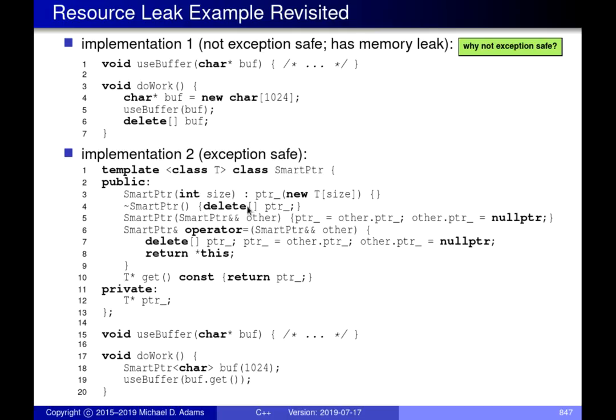In terms of copying, there's no copy operation provided by this particular class, because it wouldn't really make sense to copy. If we allowed copying to happen, this would allow multiple owners, or putting it another way, it would make it unclear under what circumstances you can actually release the memory.